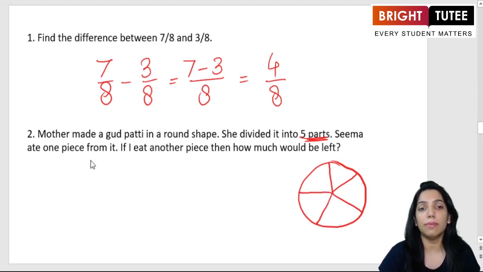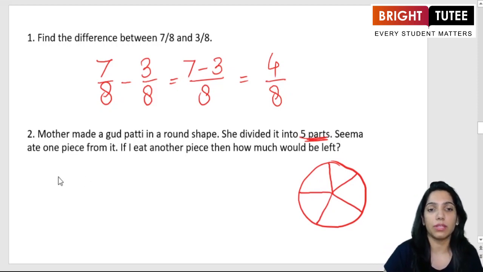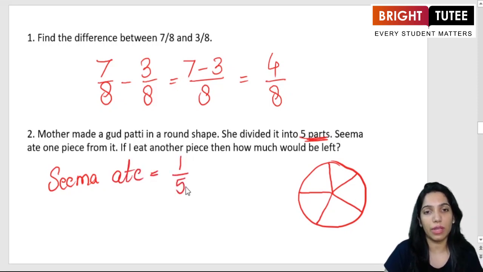Okay, so Seema ate one piece from it. So let's write for Seema. Seema ate 1 out of 5. If she ate another piece, that means another 1 out of 5. So this is consumed by Seema and now she is consuming one more part.